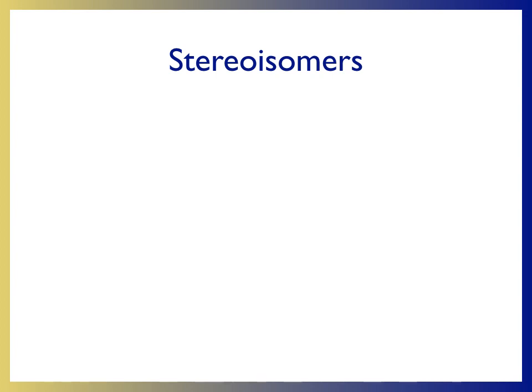Last lecture, we started taking a look at isomers of different transition metal complexes. Remember that two molecules are isomers if they have the same molecular formula, but somehow different structures.